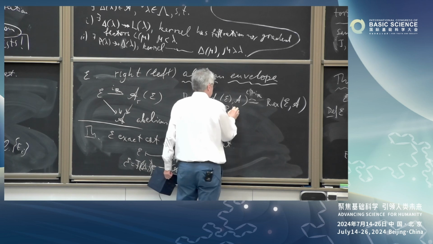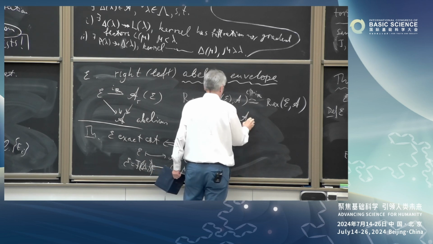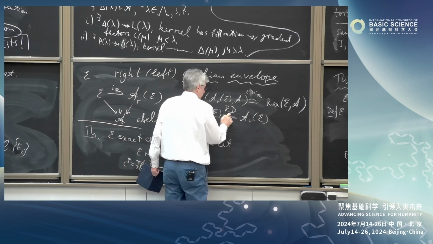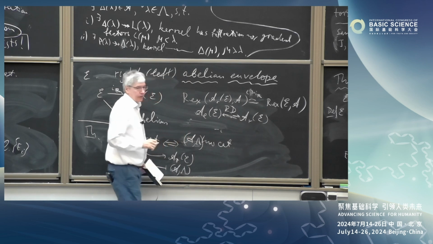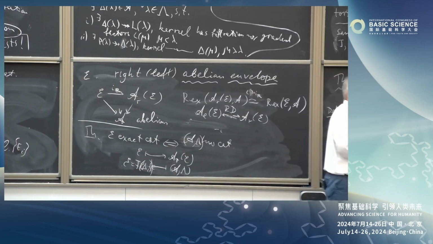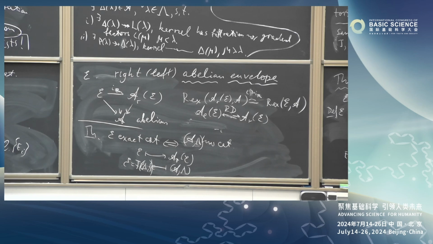Ringel duality is something which exchanges these two. I can say more precisely, and how Ringel duality actually acts on the exact category is also interesting. But I have only 5 minutes. Let me better say something else.